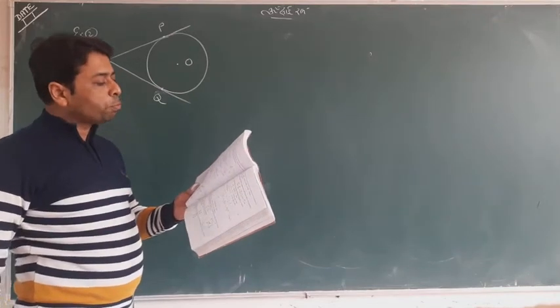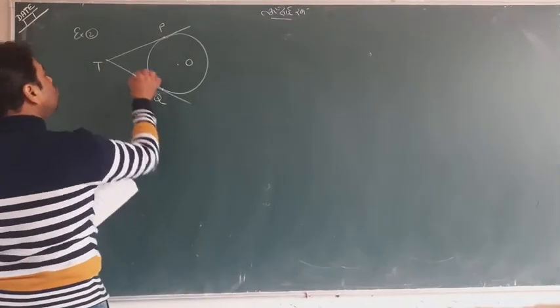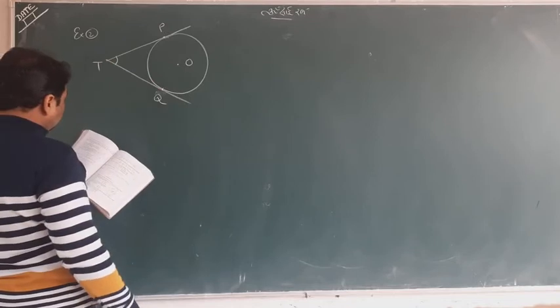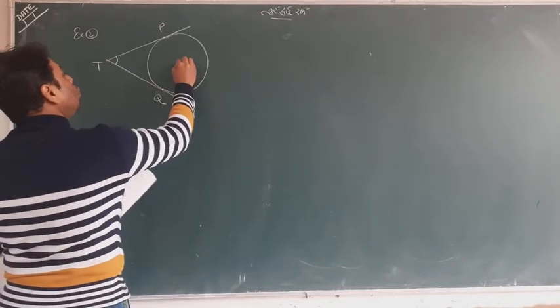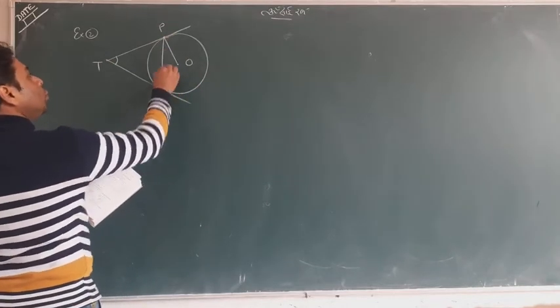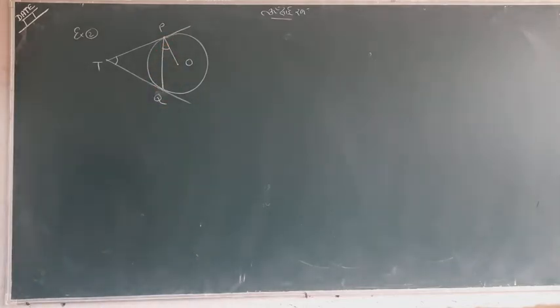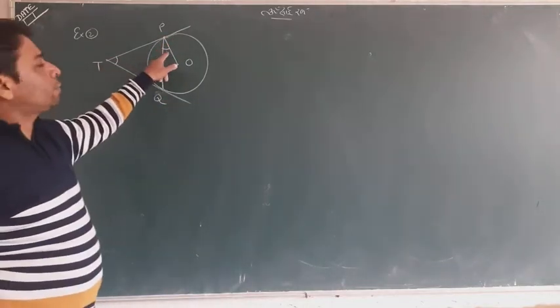To show: angle PTQ is twice angle OPQ. So we have to show that this angle is twice of this angle.